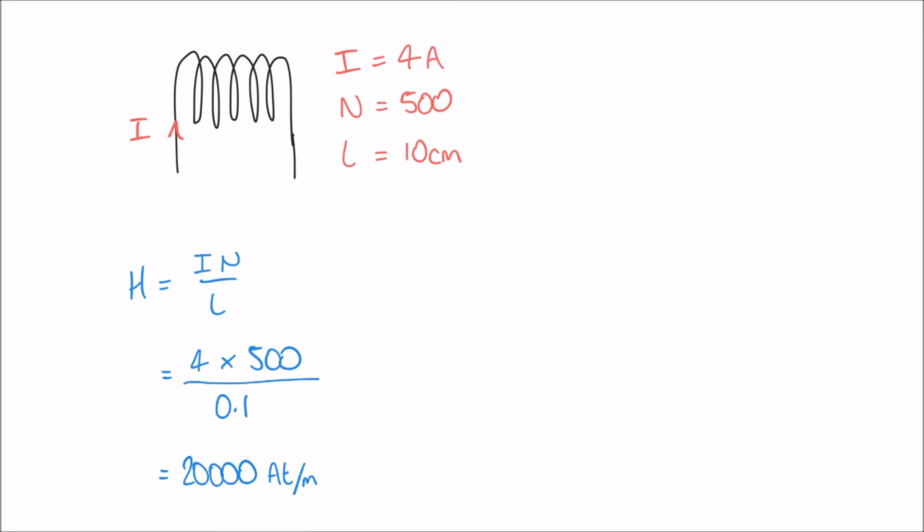Now that we know H, we can calculate B because we have our new formula. B equals mu naught times H. Mu naught, we said, had a value of 1.25663706 times 10 to the minus 6, multiplied by H, which we've just said is 20,000.